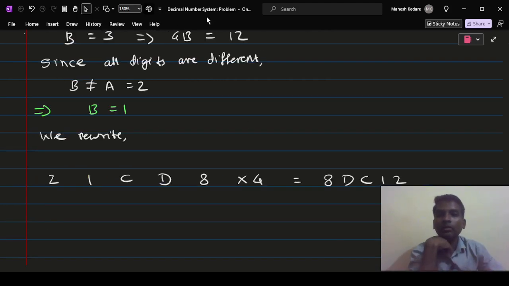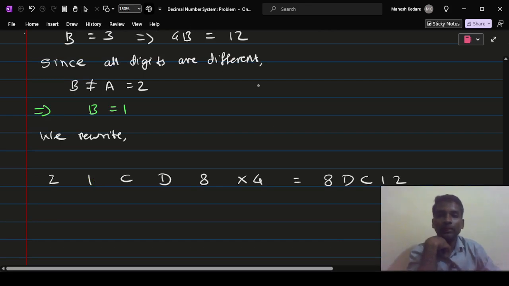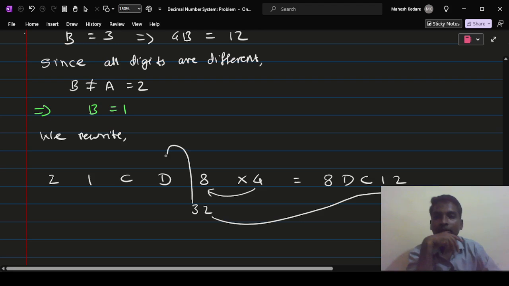Now we proceed through the usual procedure that we employ in multiplication of numbers. We first multiply 8 by 4 and it will produce the number 32. 2 will remain in the unit place of the resulting number, and 3 will go as a carry in the next place.